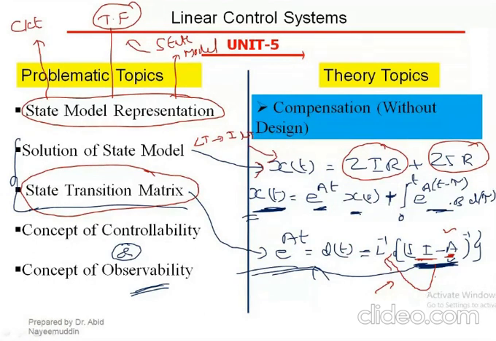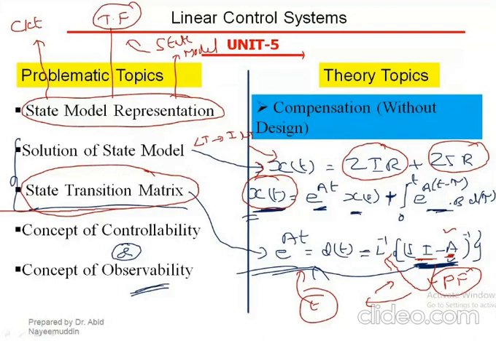If you cannot apply inverse Laplace transformation directly, use partial fractions, and then apply inverse Laplace transformation to get the things in terms of time. That is known as the state transition matrix. In the next class, we will go for how to find x of t, which will conclude the last but one topic of your control system. So here is the end of my class.